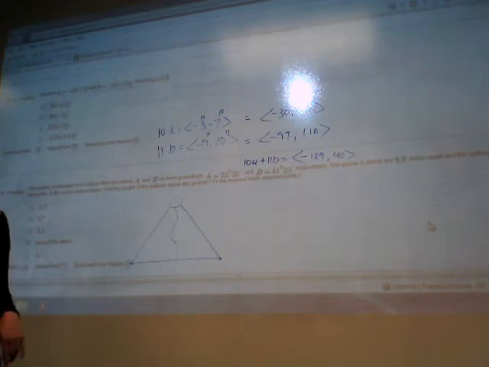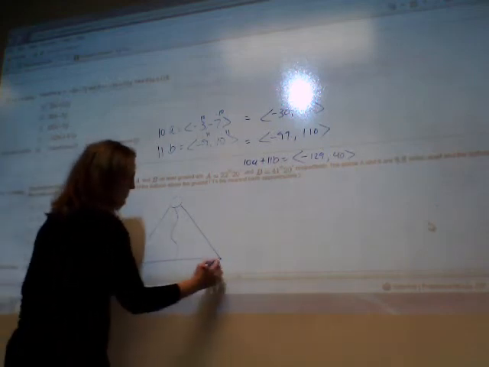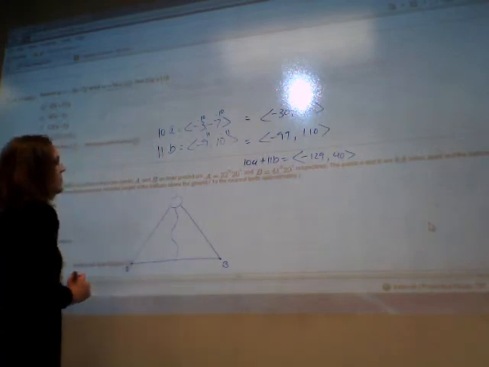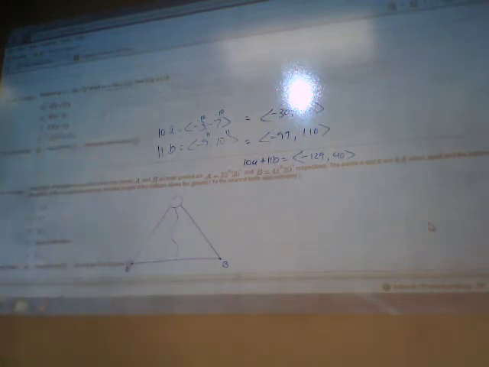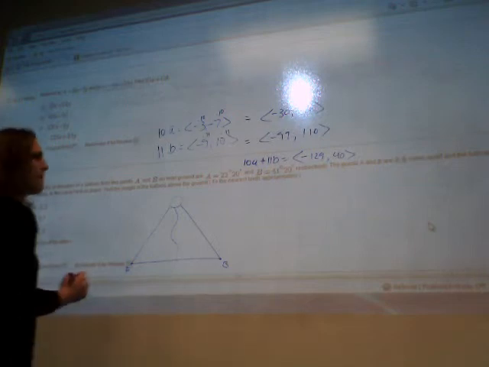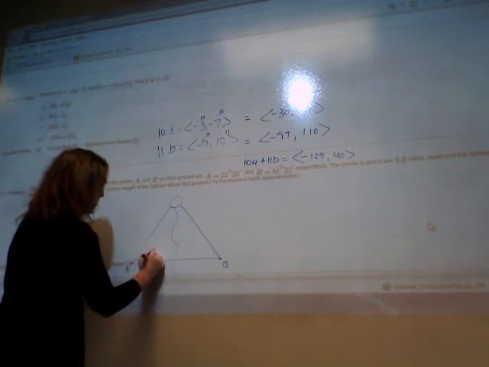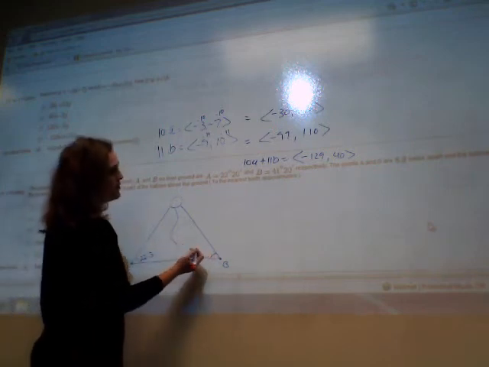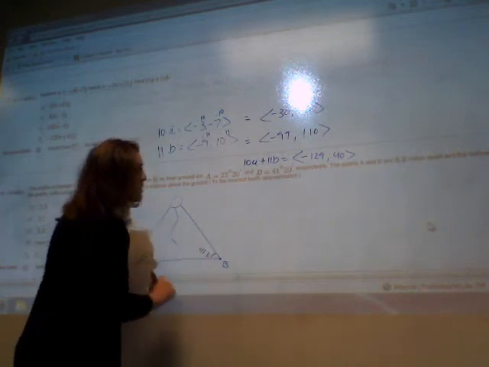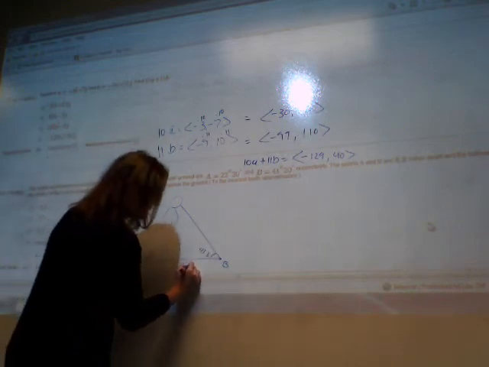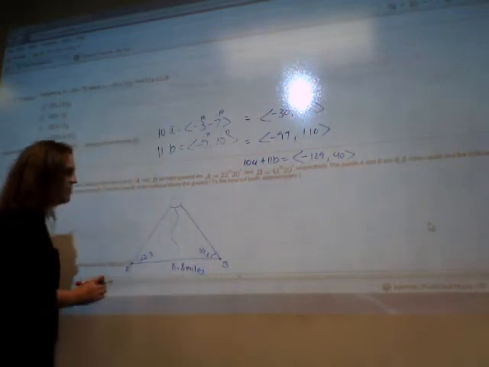Divided by 16, change it to the... And this one would be 41.3. Thank you. Okay, and they are 8.8 miles apart. And the balloon is in the air between the points in the same vertical plane. Find the height of the balloon above the ground to the nearest 10th.